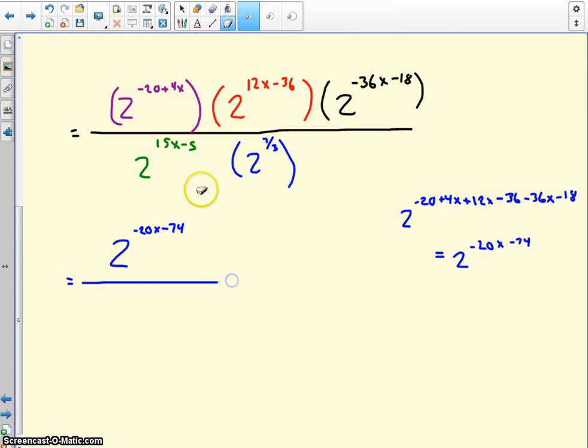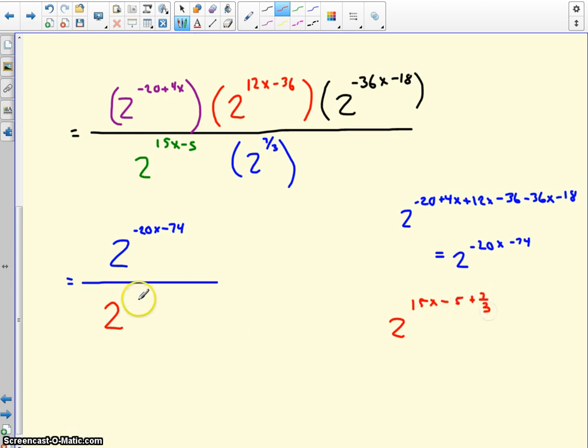For my denominator, I'm going to wind up with 2 to the 15x minus 5 plus 7 over 3. Again, just adding the exponents there in the denominator. So I'm going to wind up with 15x, and then negative 5 plus 7 thirds is negative 8 over 3.